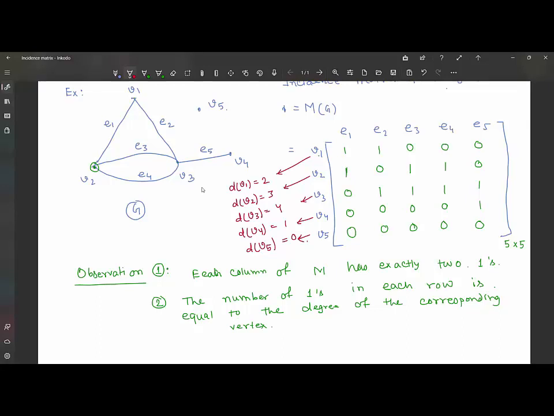And one more observation: corresponding to an isolated vertex you will get an entire 0 row. Since V5 is an isolated vertex, the whole row corresponding to V5 is 0. So whenever an isolated vertex occurs, you will get this type of 0 row corresponding to it.